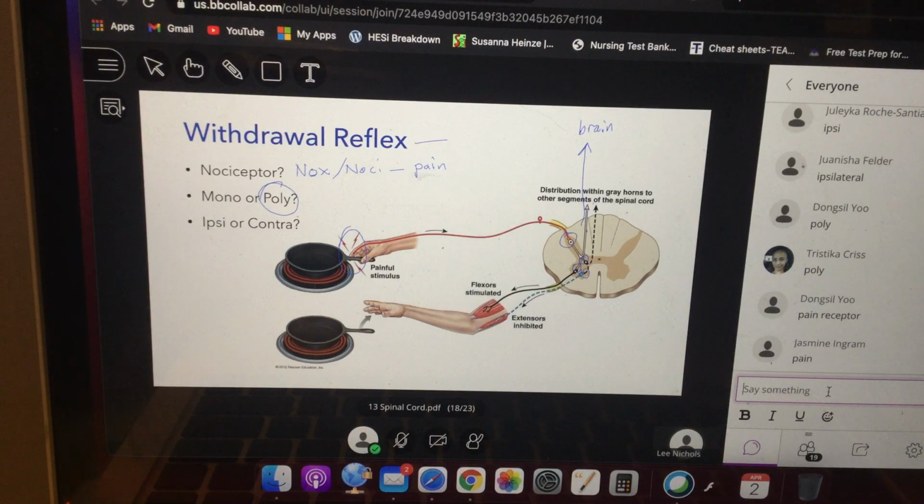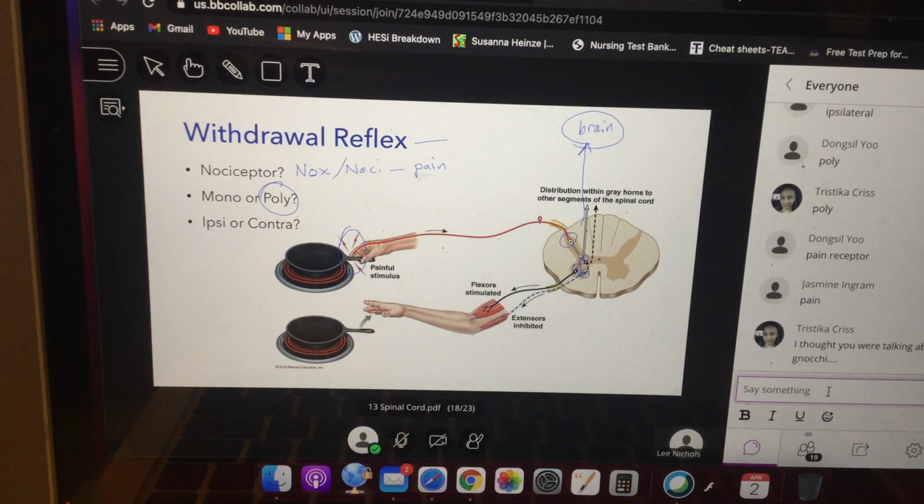What's interesting about these reflexes is that they're so fast that by the time your brain knows that you have gotten hurt, your hand already moved away from the painful stimulus.